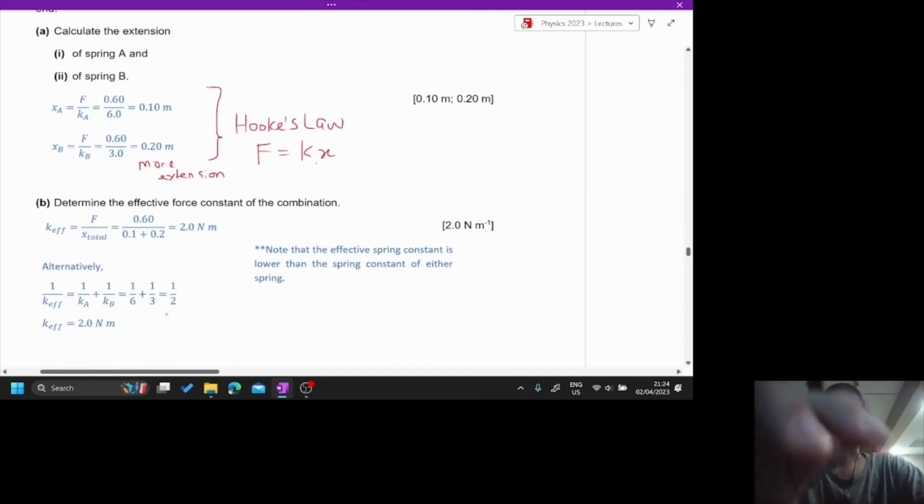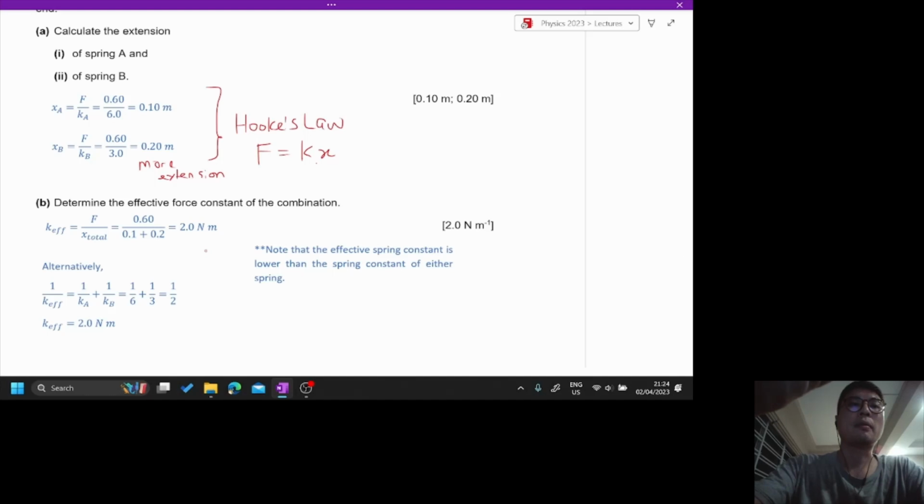Now, what happens is that the effective force constant of the combination can be calculated as K equals the force divided by the total extension. Since the force applied is 0.6 and the total extension is 0.3, the effective spring constant is 2 newtons per meter.